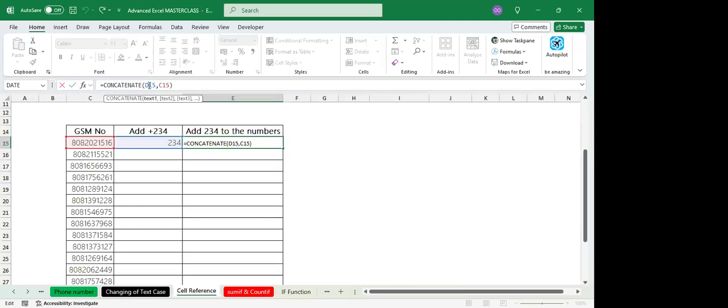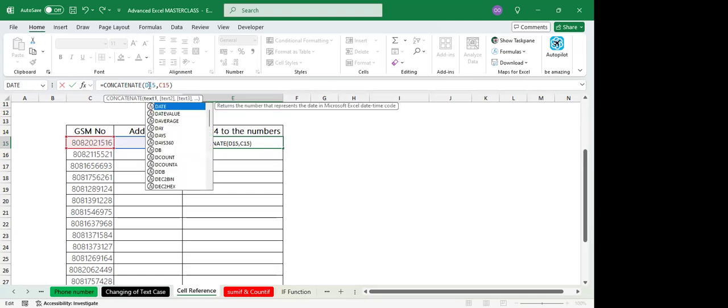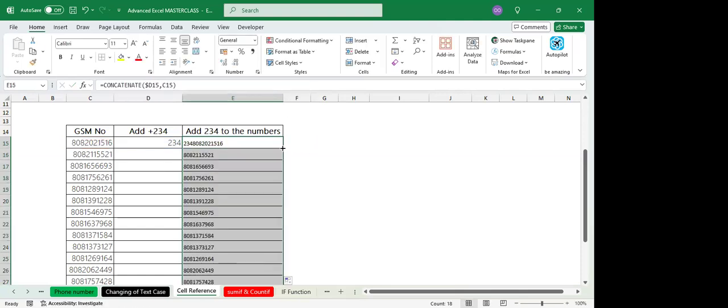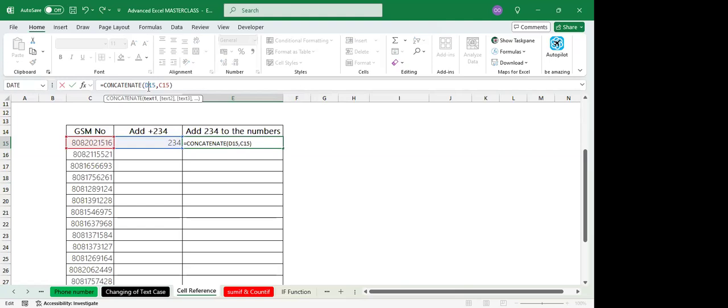I'm expected to lock it to the column, so I'm going to put my dollar sign in A. Actually, I'm supposed to put it back here. I've locked it, and if I press enter, I will obviously still have my answer, but now I can drag down.